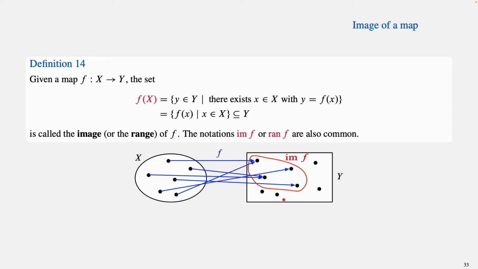So we see there are some elements of Y that are not hit by any of the arrows, so no element of X is mapped to any of these elements, but only to the ones within this image. And as this picture already shows, in general, the image of f is not all of Y. So in general, you have to expect there are elements of Y that are not hit by any element of X under the map f.